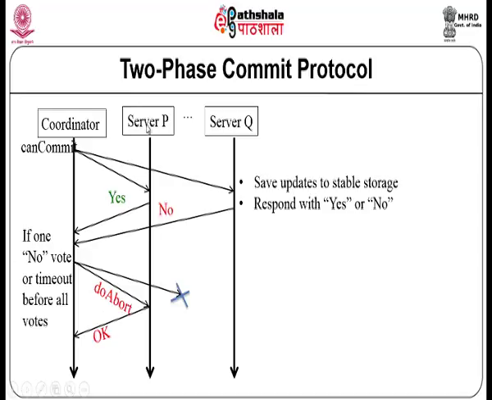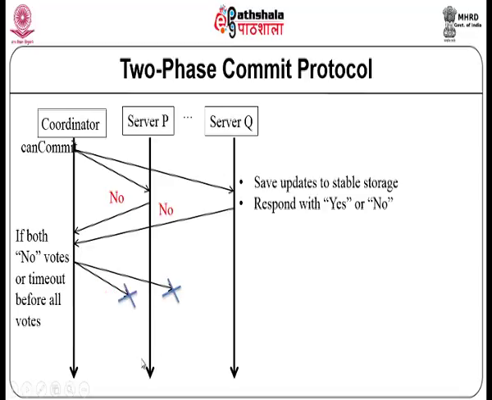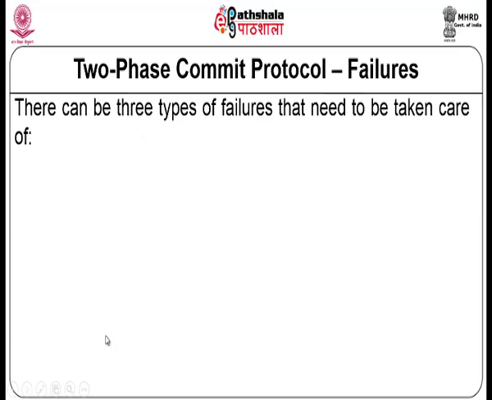Similarly, if server P says yes and server Q says no, server P gets a do abort and says OK. In case both say no, the coordinator just takes a decision, writes it in the stable storage, and does not send any message to anybody.